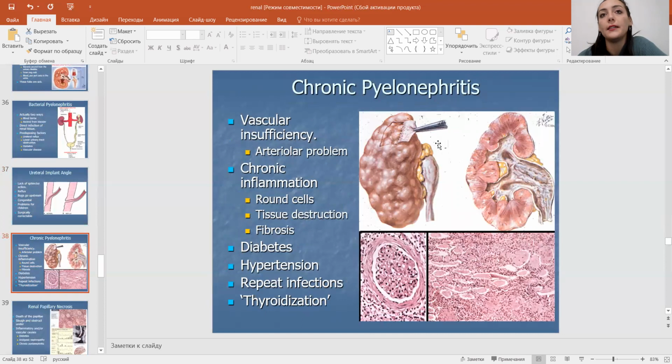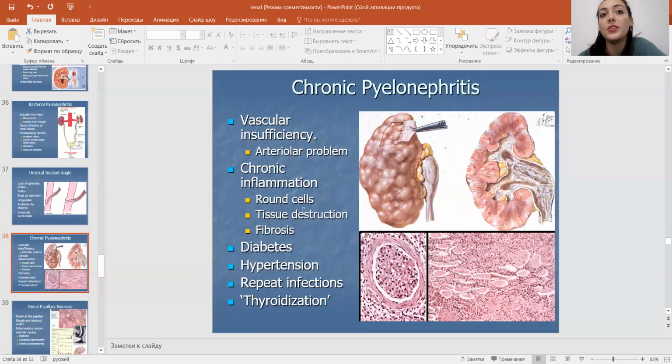Chronic pyelonephritis, you can see macroscopically. It is smaller than a normal healthy kidney.